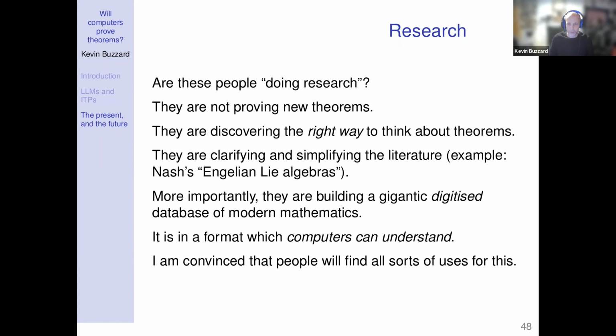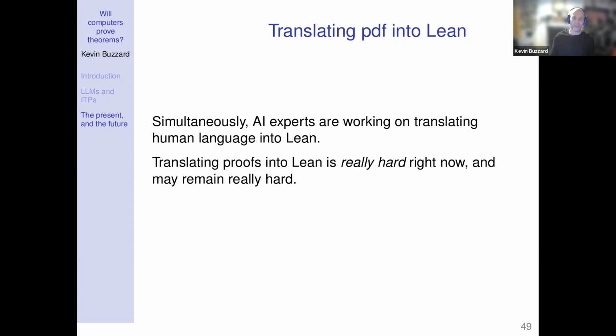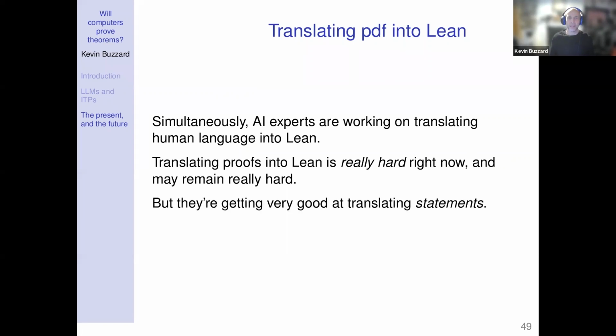So I do believe that people are going to find all sorts of uses for this sort of technology in the future, and I'm not quite in a position to predict what those uses are going to be. But AI experts are working on translating human language into Lean. This is sort of an interesting question. Translating proofs is hard, but translating statements, they seem to be getting very good at.